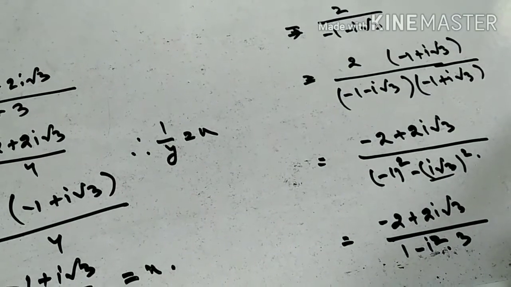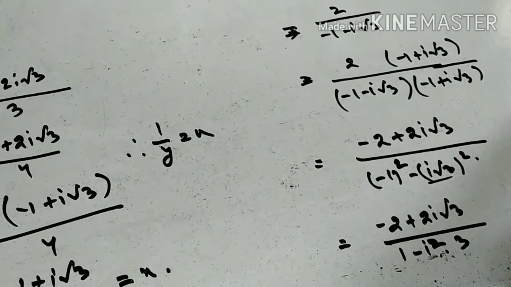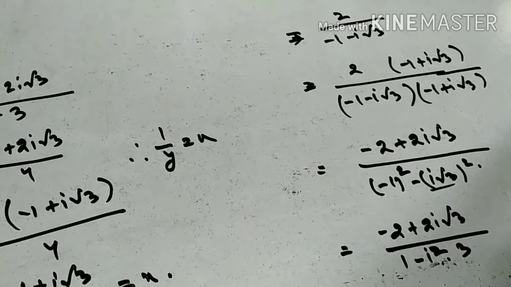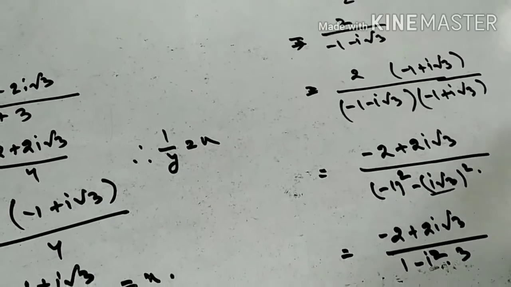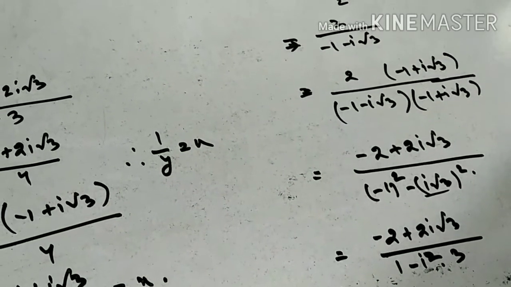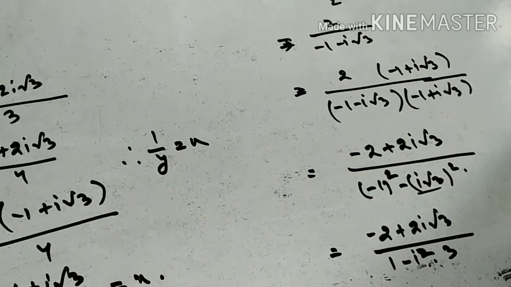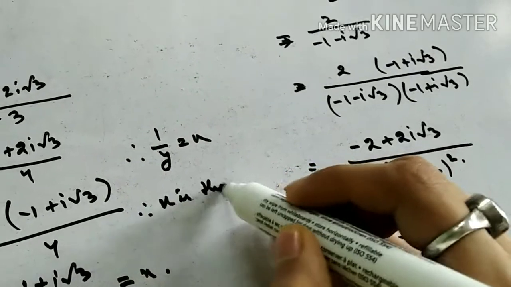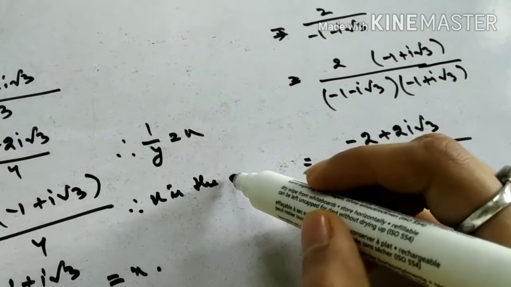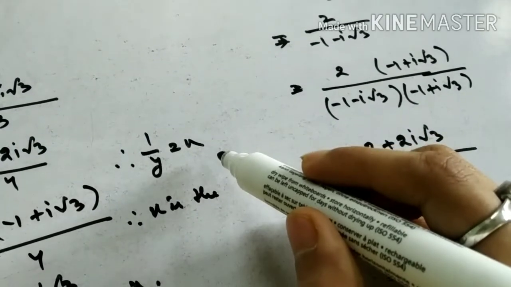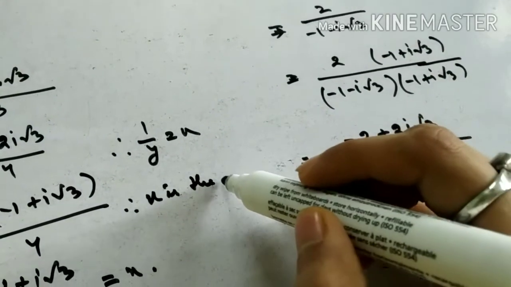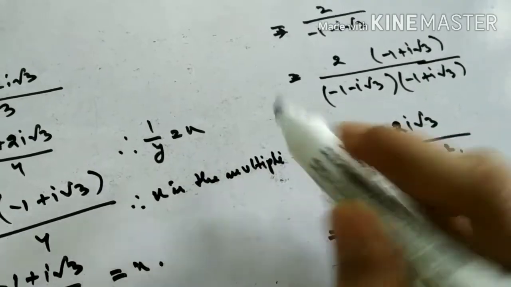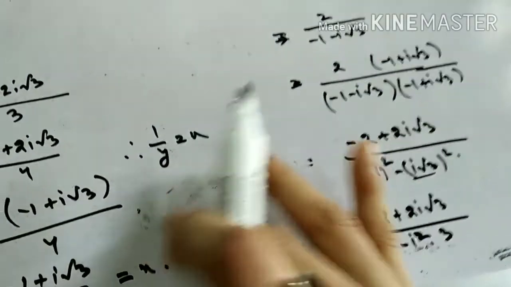Understand? X is the multiplicative inverse of y and vice versa. Okay, so in here I showed that, let me write it down in here.